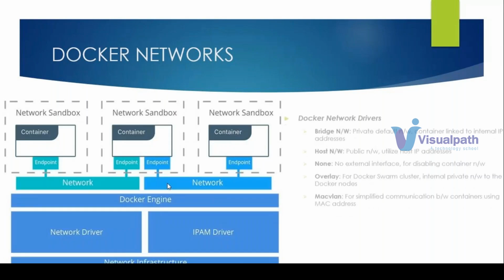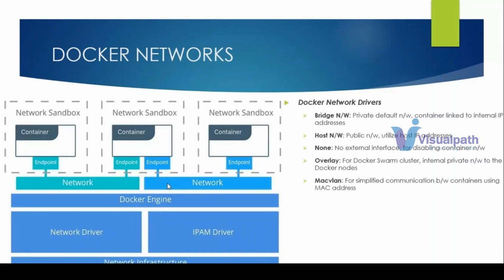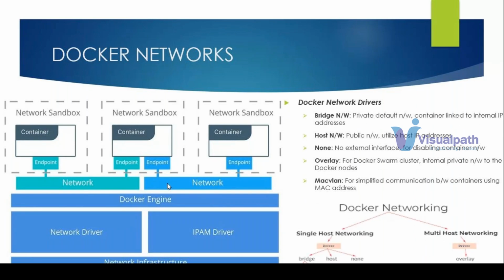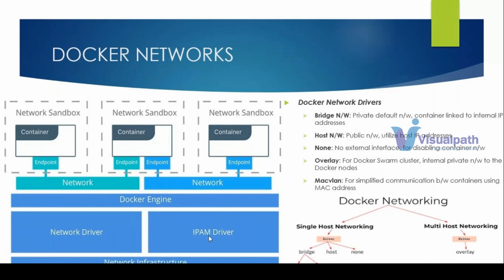Docker network. In Docker network, we will have a network infrastructure. The network drivers are there, then on top we have the Docker engine, then networks. Based on the requirement, we need our network to be configured, so for that we have Docker network drivers available.